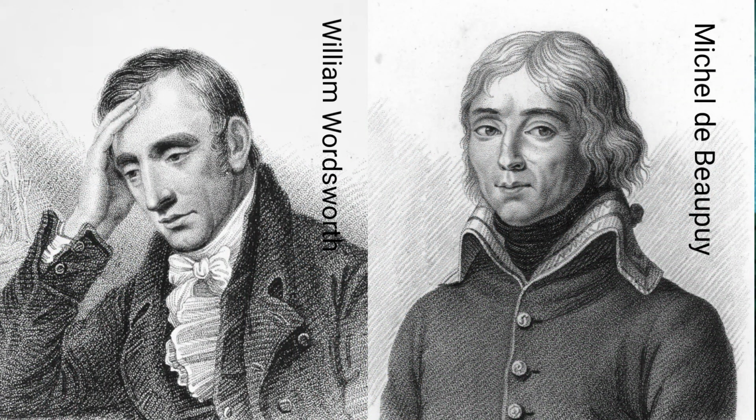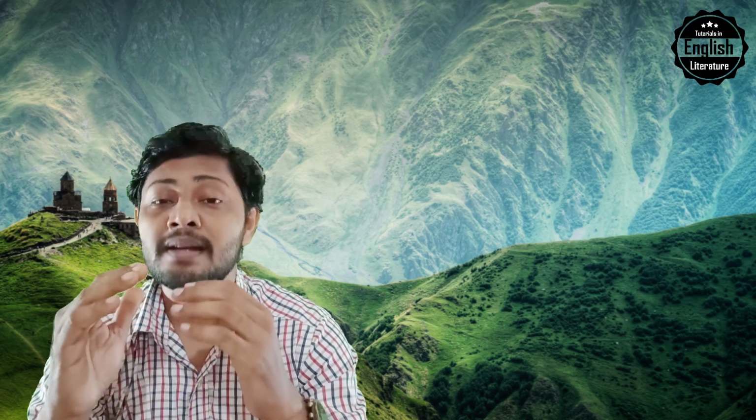The French captain Michel Beaupuy strongly influenced Wordsworth in forming political ideals, and his presence was so important to the young poet that Wordsworth mentions the captain in the ninth book of the Prelude. In the Prelude, Wordsworth describes how thrilled he was by the fall of the Bastille in 1789.